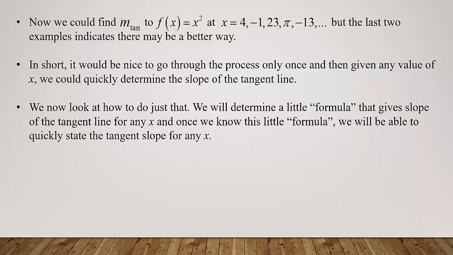We are going to go through the process only once, which will determine a little formula. And this little formula will give the slope of the tangent line for any value of x. Once we know this little formula, we'll be able to quickly state the tangent slope for any value of x. So let's make a quick trip back to the board to see how we can go through this process only one time. So heading back to the board, folks.